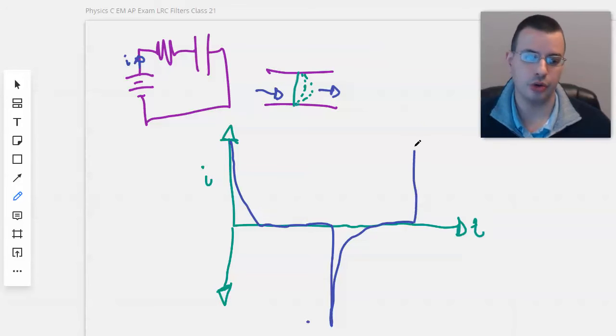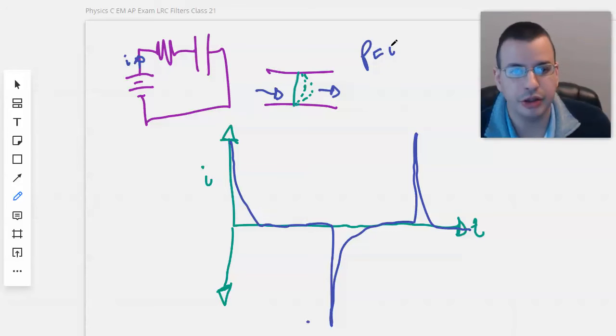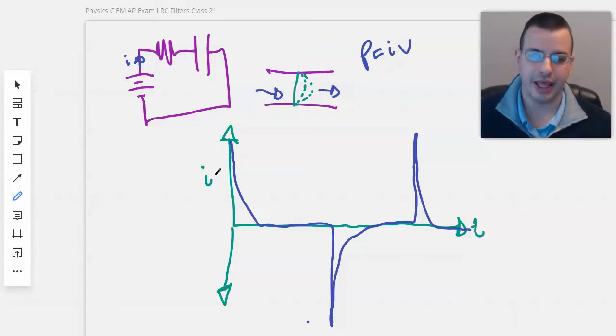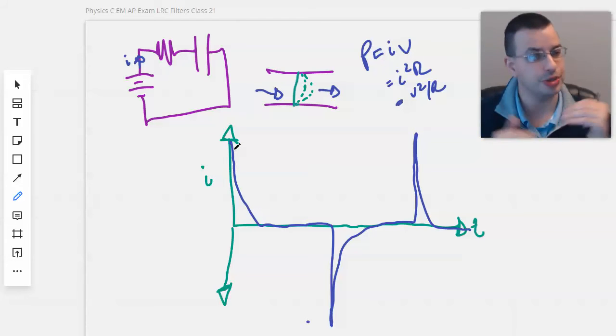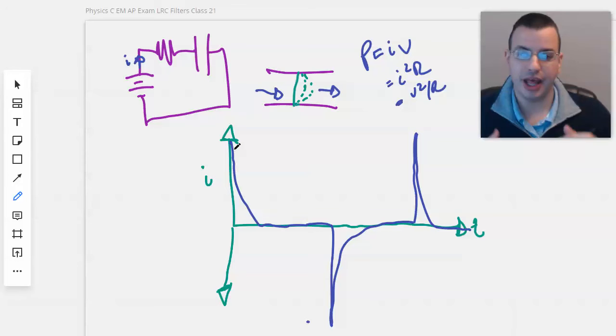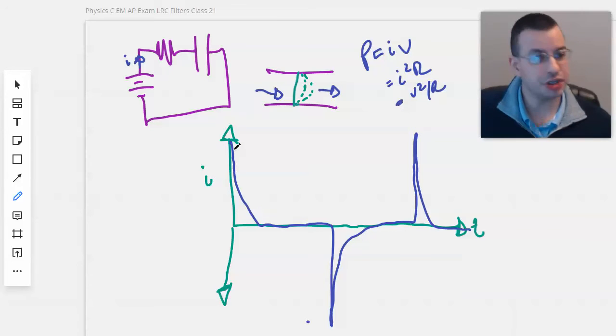And so when you look at the power generated here, power equals IV, and the current here is, or I squared R, or V squared over R. The current only exists for a very small time between when you flip it and unflip it. And so what happens then is we're not generating a lot of power here.